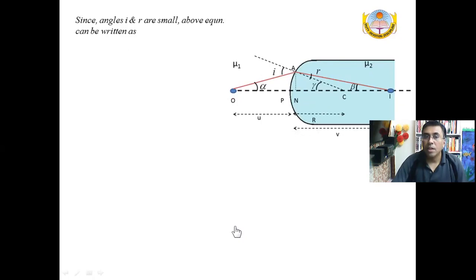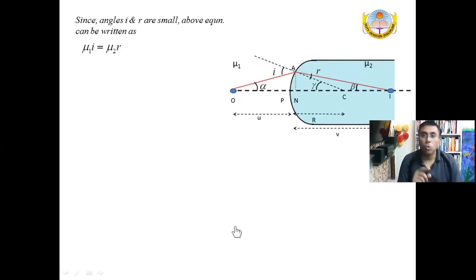Now again, since I and R are small angles, sin I will become I and sin R will become R. Remember that whenever we have small angles, meaning angles which are less than 5 or 6 degrees, then for small angles, if I write the sine of that angle or the tan of that angle, the value of the sine and the tan function would be equal to the value of that angle itself, provided that the angle is written in radians, not in degrees.